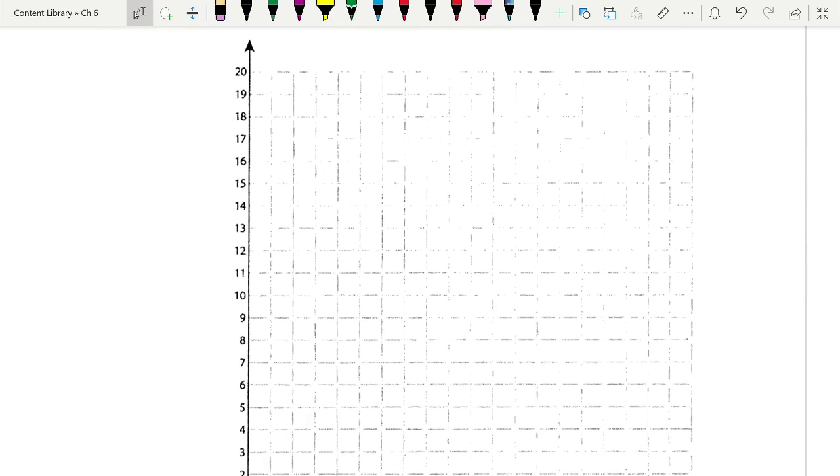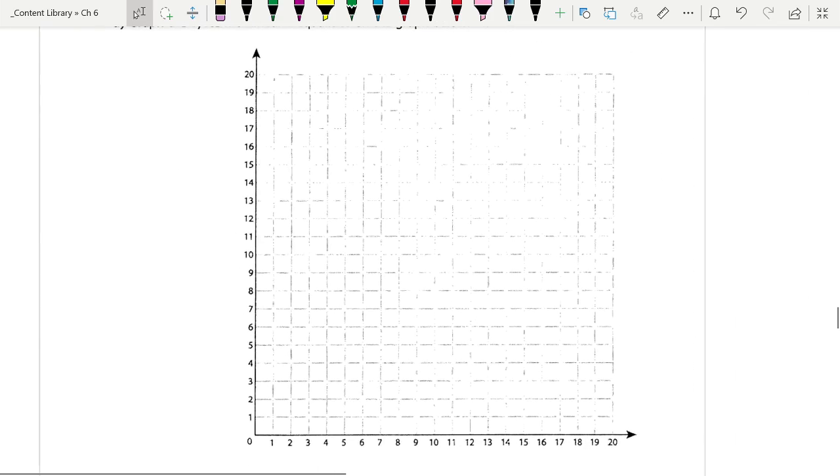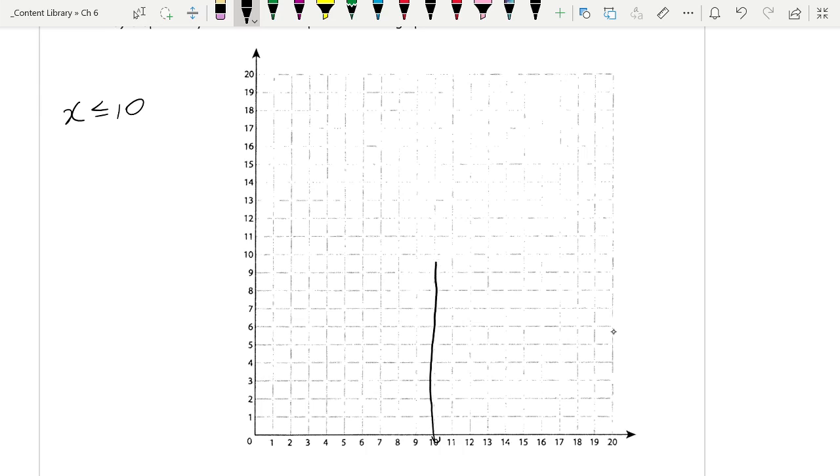All right, well, this is an example of one that I think you could do by hand. Let's do the vertical and horizontal lines first. X is less than or equal to 10, right? You can see it. That's this line here.